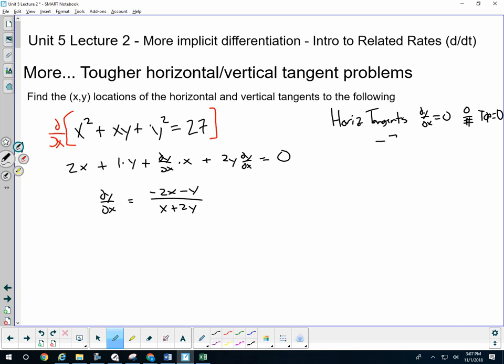And I have negative 2x minus y equals 0. Now, the problems that we had last lesson and on our quiz today, we'd usually be able to solve this. X equals 3, y equals 2, and then we would plug in to find the other halves.